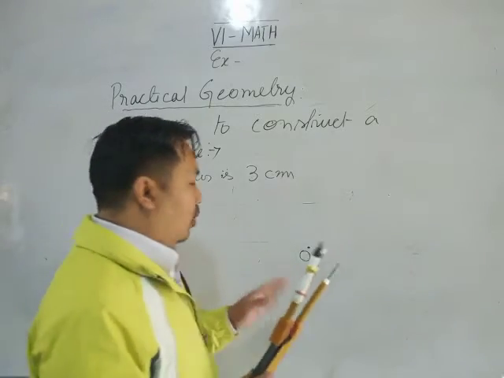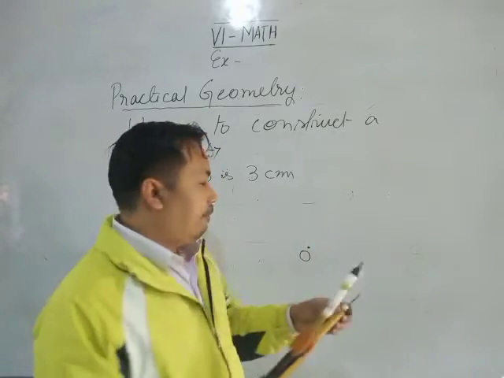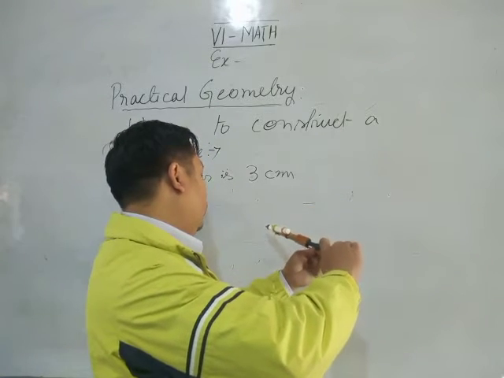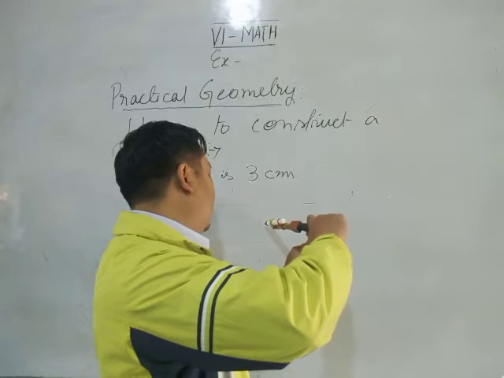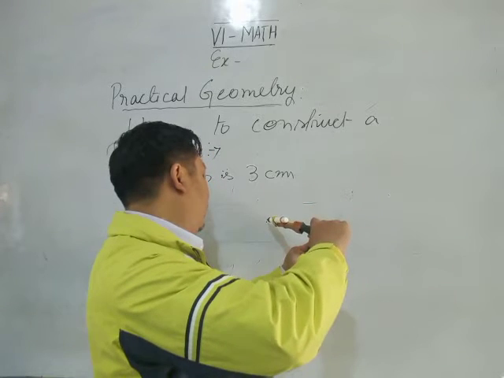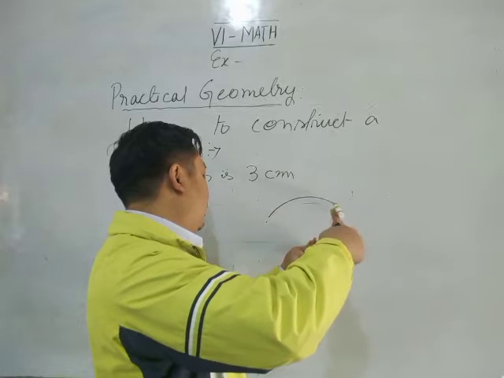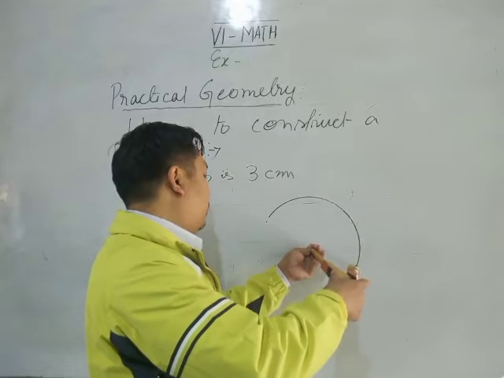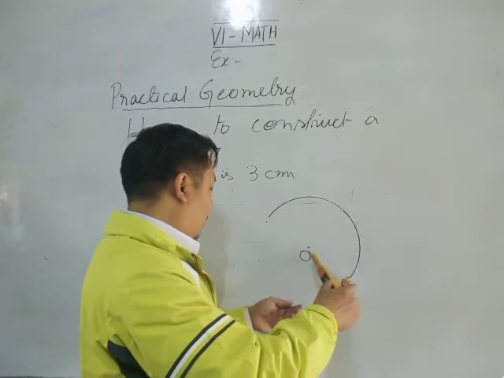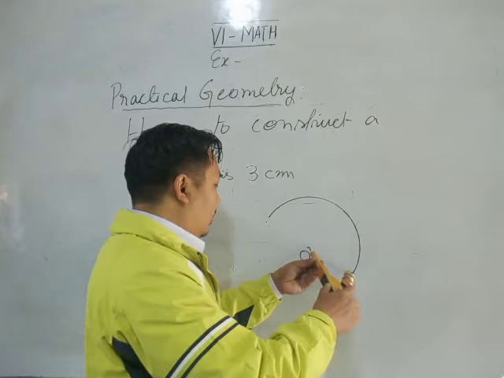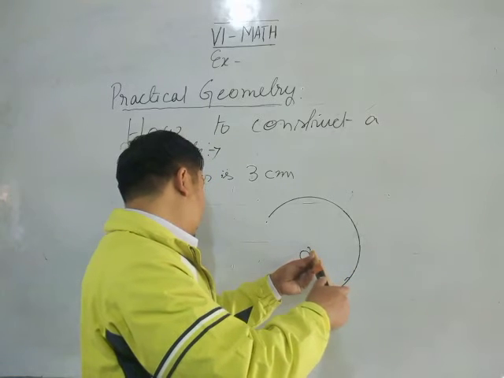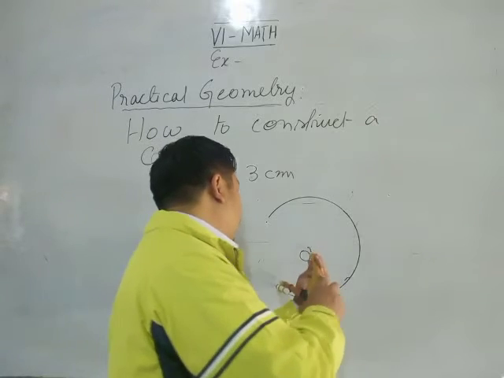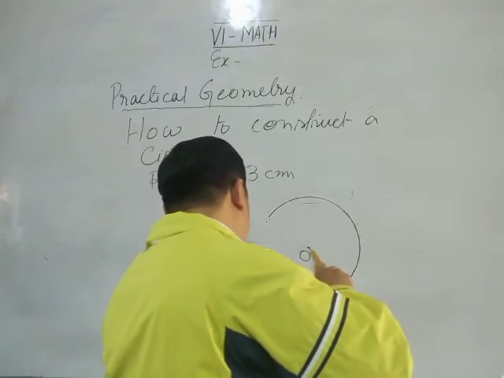First, bring the pointed end on the point, then start to rotate the compass, from left to right or right to left, like this. You just swing the compass. I'm sorry, this is not stable here.